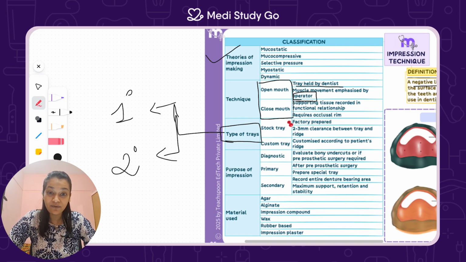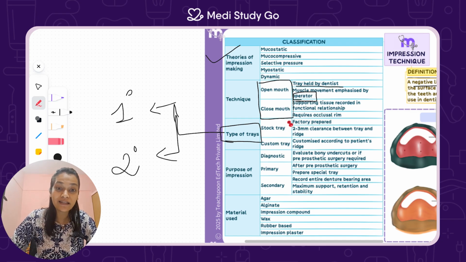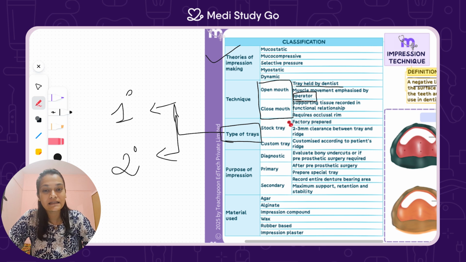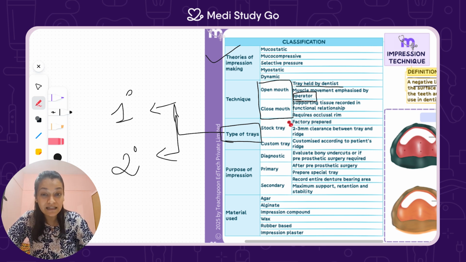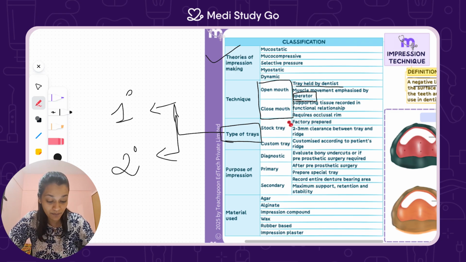The custom tray will be customized according to the size, the structure, the palatal shelf, or the shape, how deep or how wide the palate is. So all of these will be according to the type of tray that is being used for your impression.